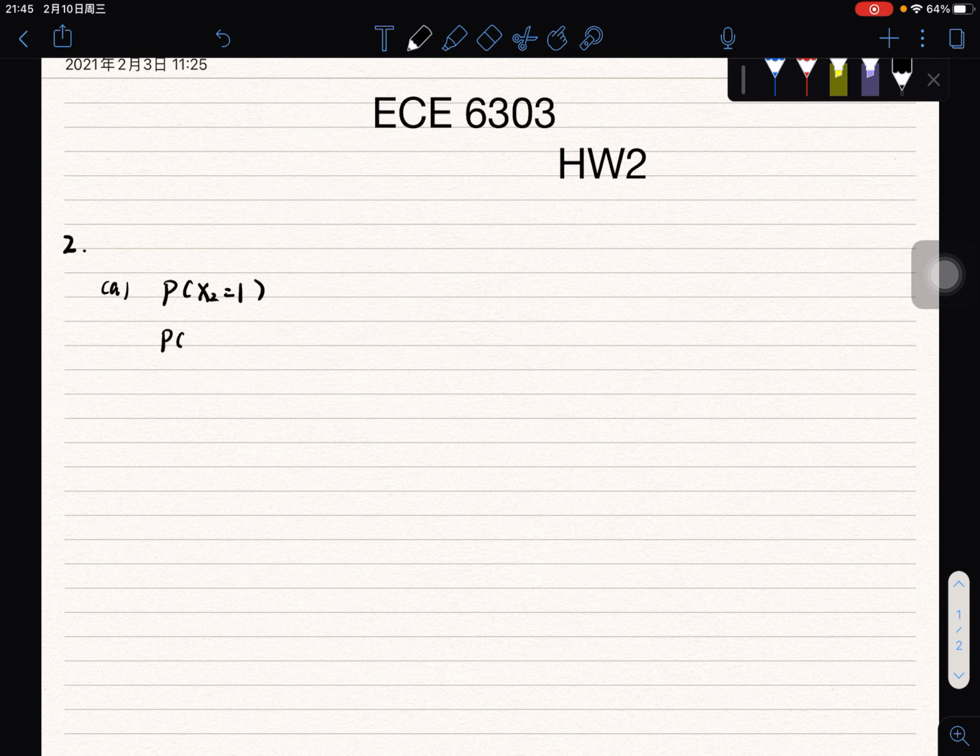We know the probability of x2 equals 1 equals the probability of x2 equals 1 under the condition of x1 equals 1, multiplied by the probability of x1 equals 1, plus the probability of x2 equals 1 under the condition of x1 equals 0, multiplied by the probability of x1 equals 0.